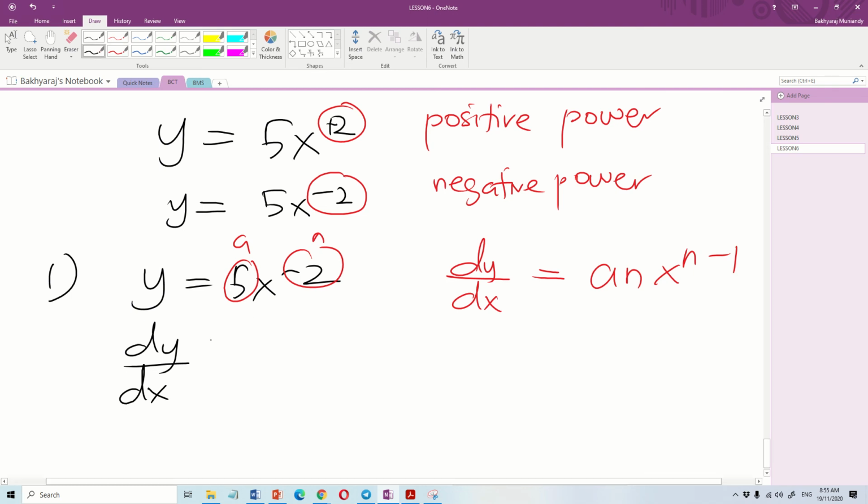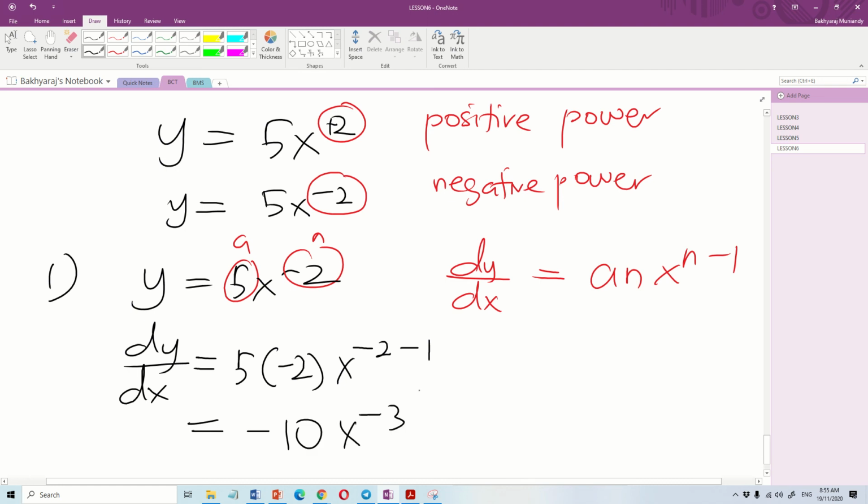So we do 5 times negative 2, x to the negative 2 minus 1. Subtract one. When you have a negative power, subtracting one makes it even more negative. So you will get negative 10x to the power of negative 3.